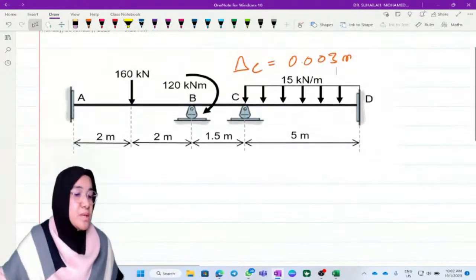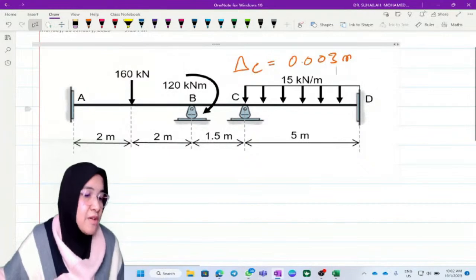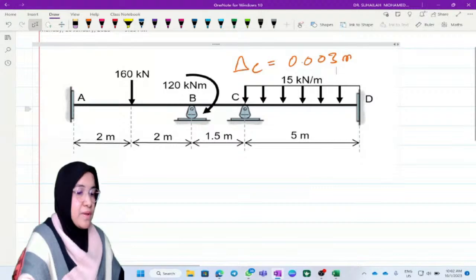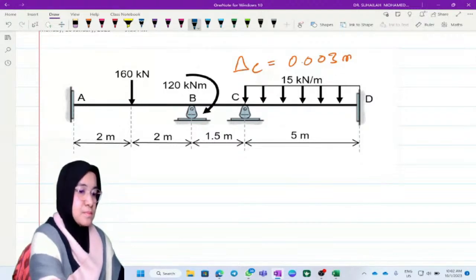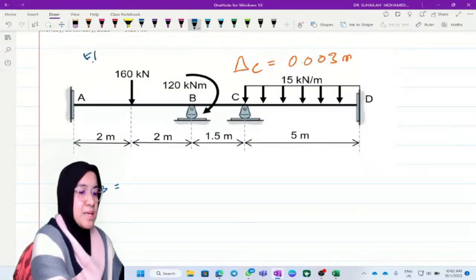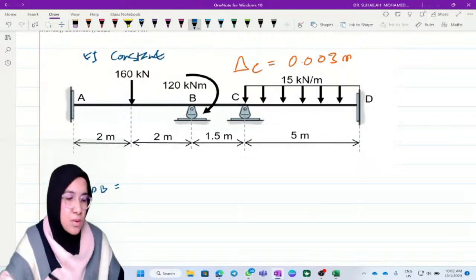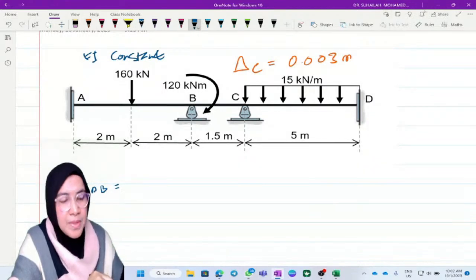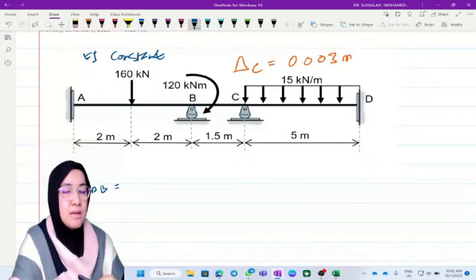Okay, so we start with K first. We have three members. K for AB, we assume that EI is constant. So KAB, we use 4EI over L because far end here is fixed.